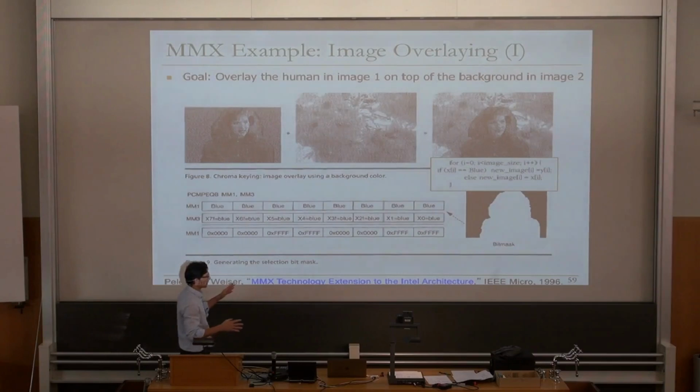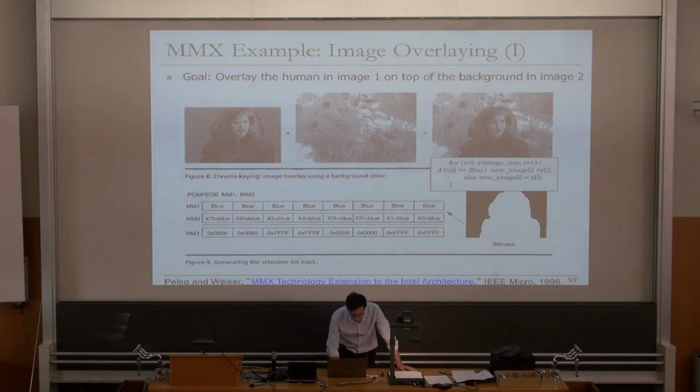For these kinds of operations, these instructions were included in the Intel ISA. The very first thing we have to do is generate a bit mask, and with this bit mask we evaluate this predicate. We need to compare the values in vector register MM3, which come from image X, to a vector register where all the elements are equal to blue.